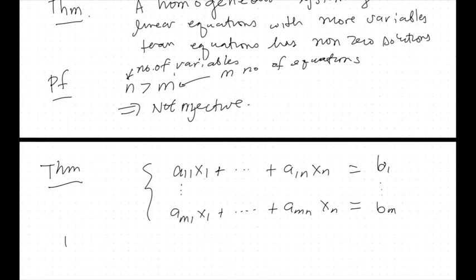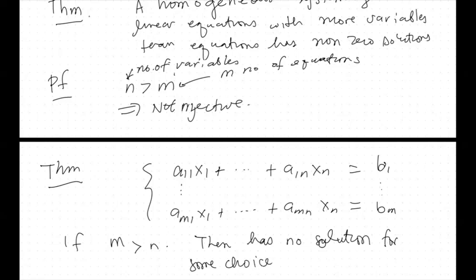So here, if m is greater than n, more equations than variables, then it has no solution for some choice of constant terms.